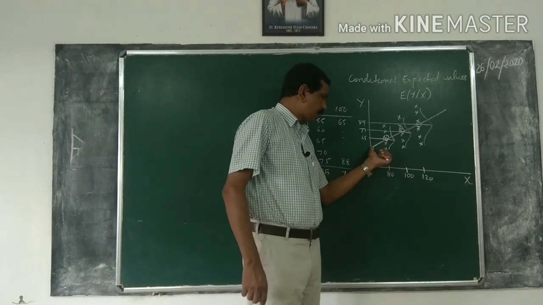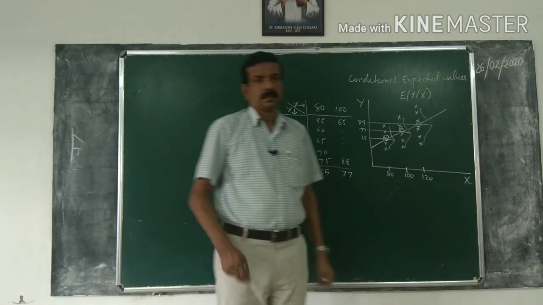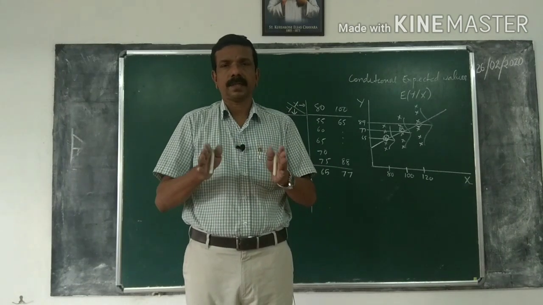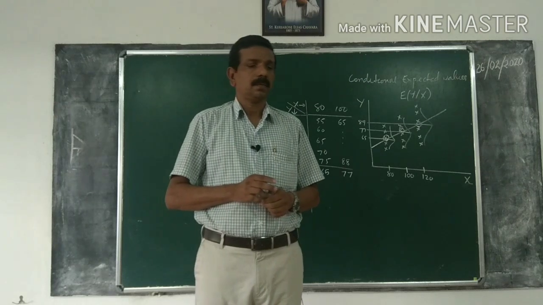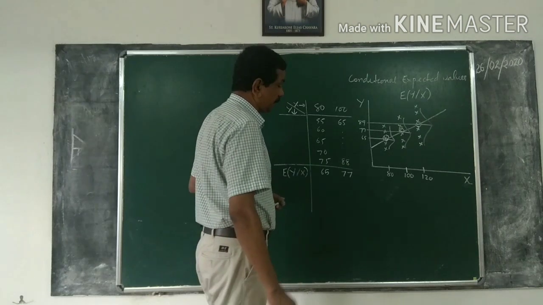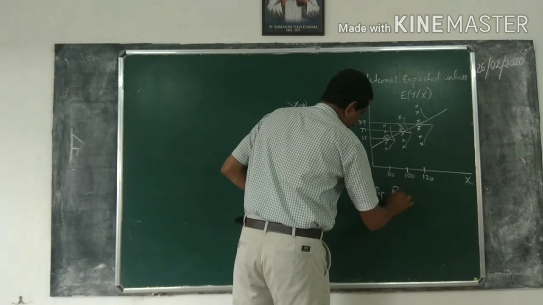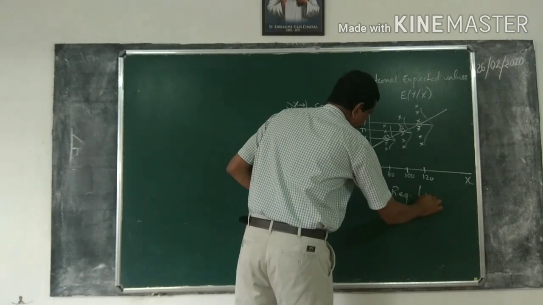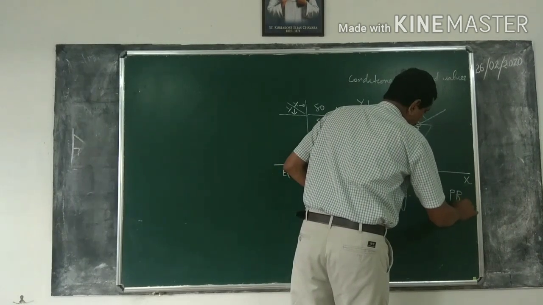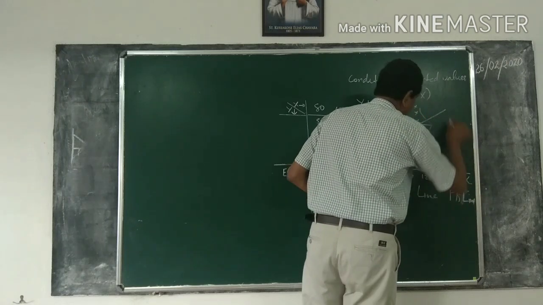When we join together these conditional mean values with a line, a curve or a straight line, we will get what is known as the population regression line. In short, we call it the PR line.